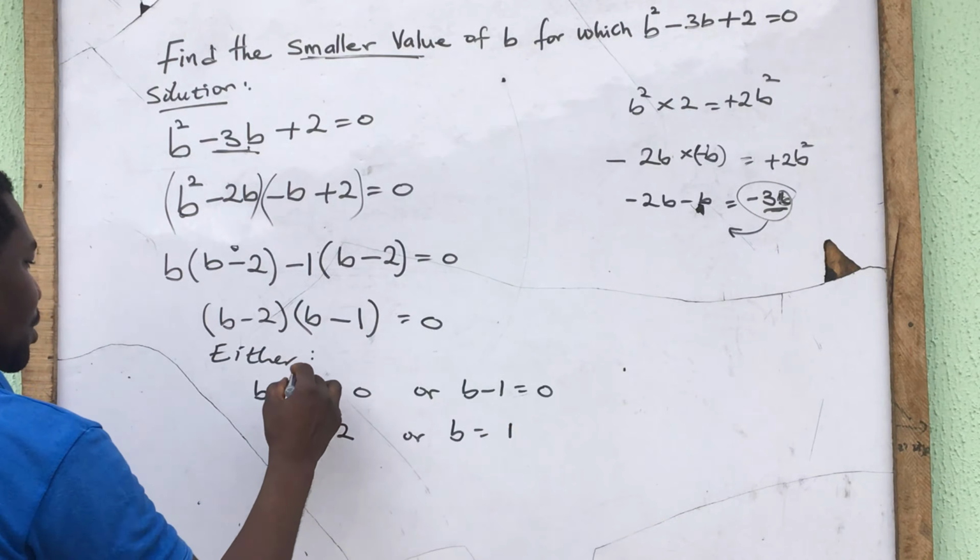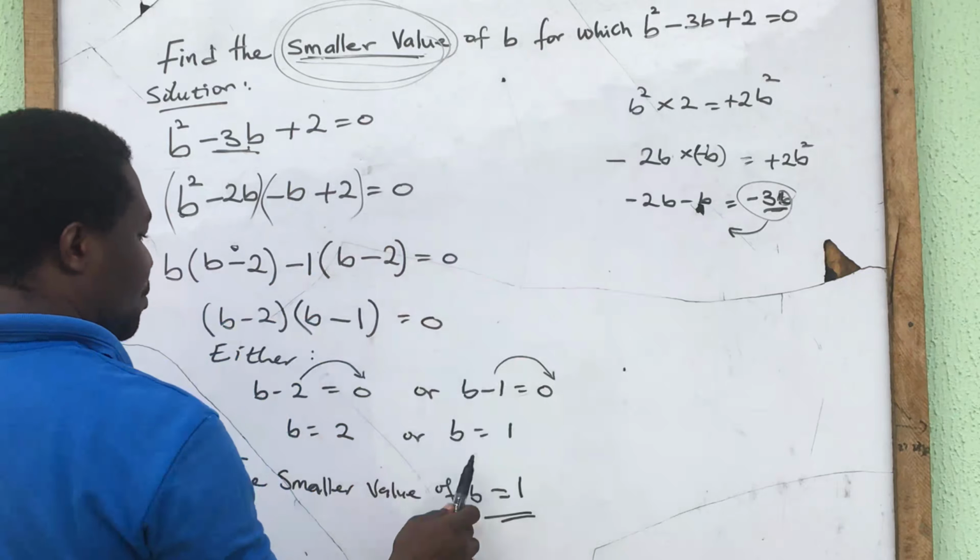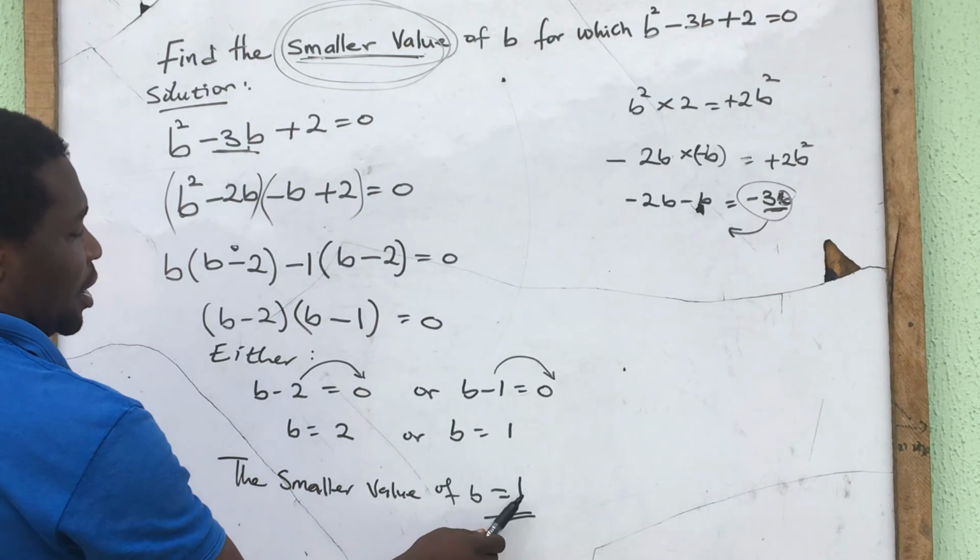So the smaller value of b is 1. So the smaller value of b is 1, because the other is 2, and the answer is 1.